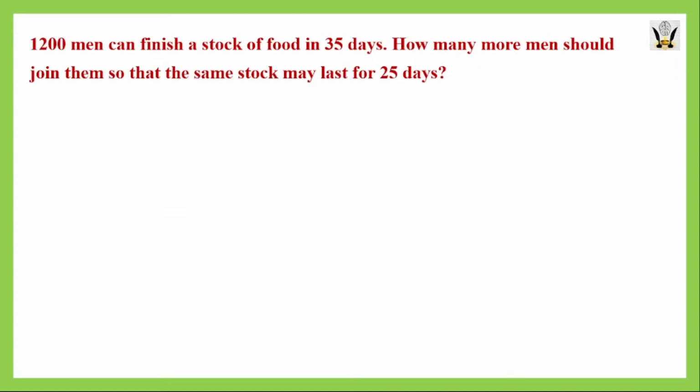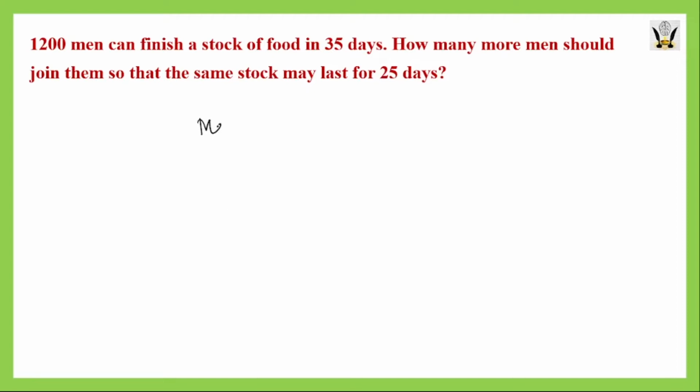Now we will see the next problem. It says that 1200 men can finish a stock of food in 35 days. How many more men should join them so that the same stock may last for 25 days? That means here again we have two quantities.